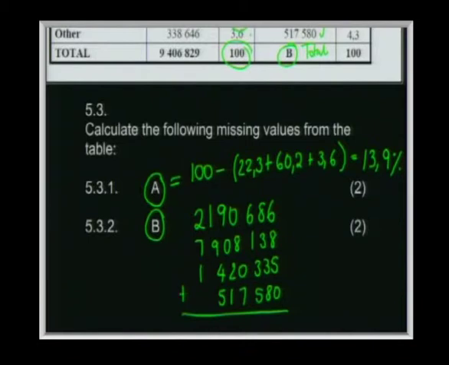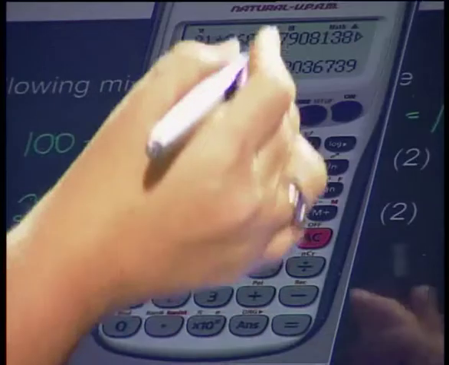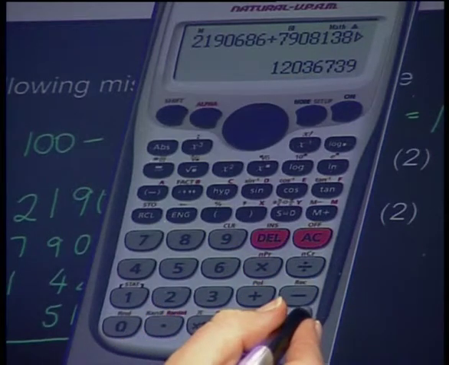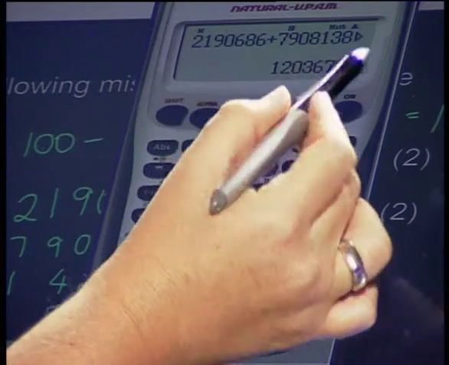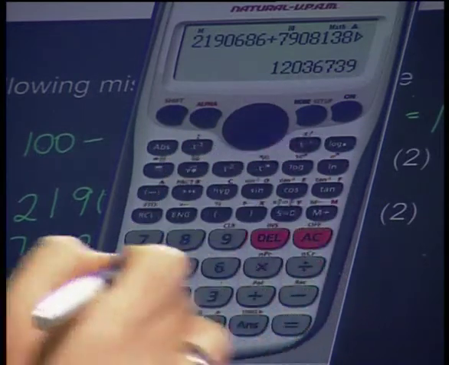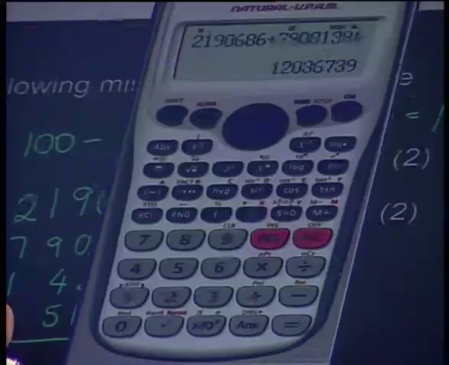And we're going to add all of those up. I've done it on our calculator already for us. So the answer is going to be 12,036,739. So let's write that down.